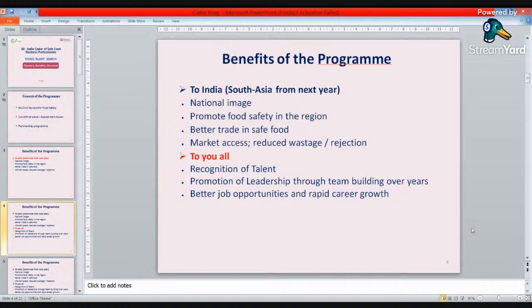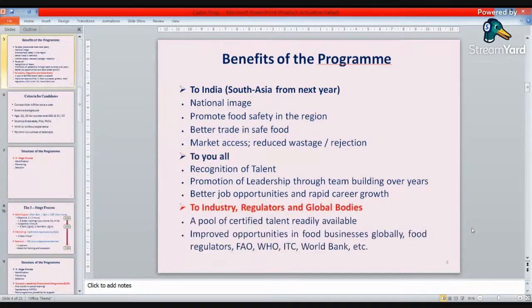I want to bring you to an equal footing with all the other cadre officers of the civil services. So there is rapid growth opportunity for each one of you.